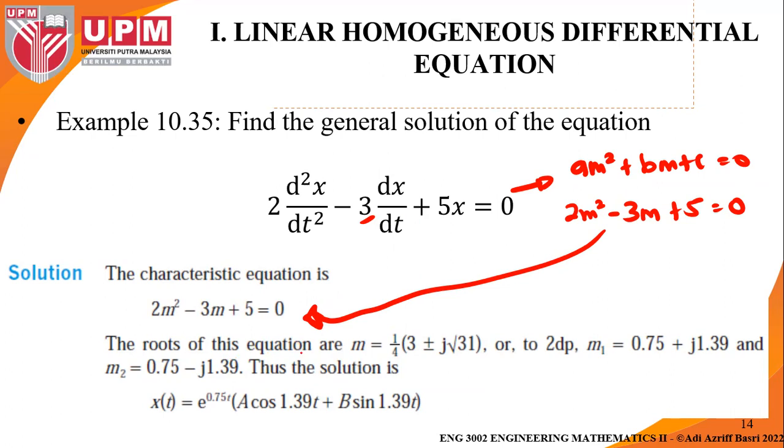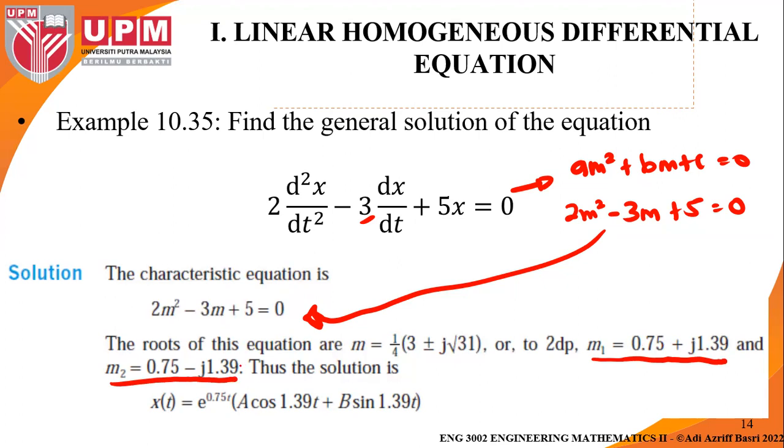What is the root of the equation? From this one, you will get m1 equal to 0.7 plus j 1.39, and m2 is 0.7 minus j 1.39.